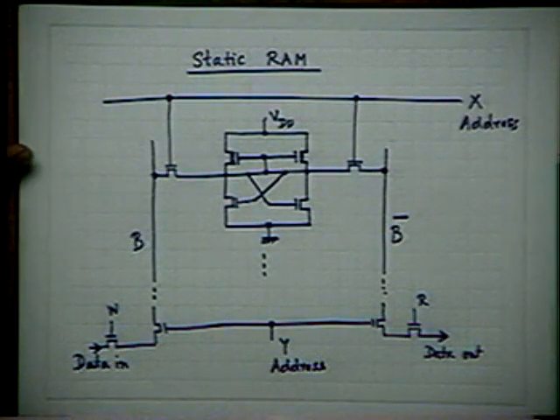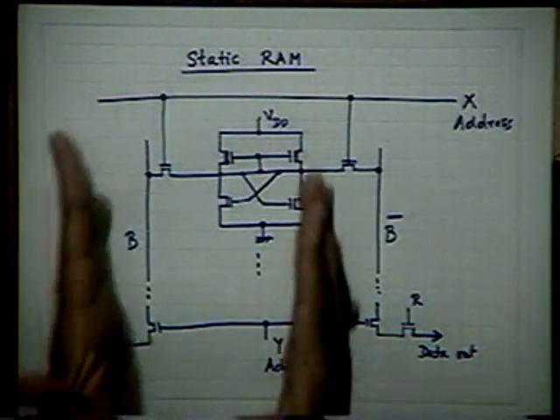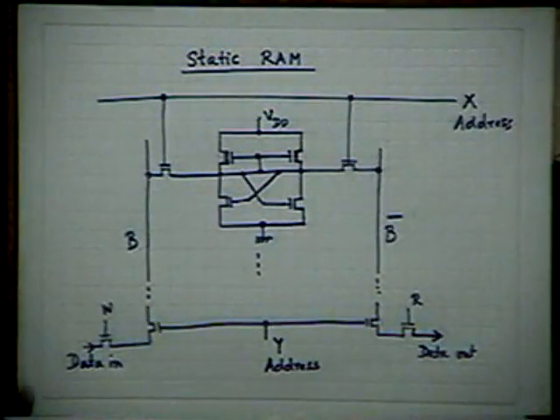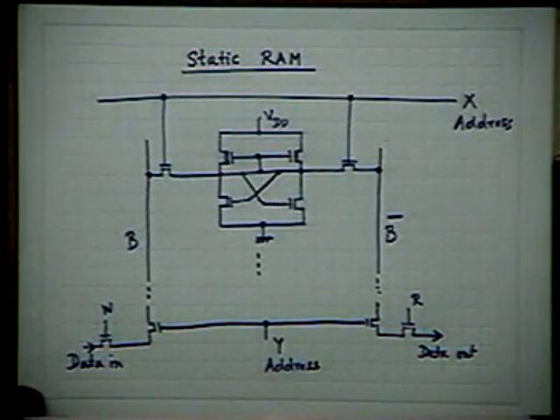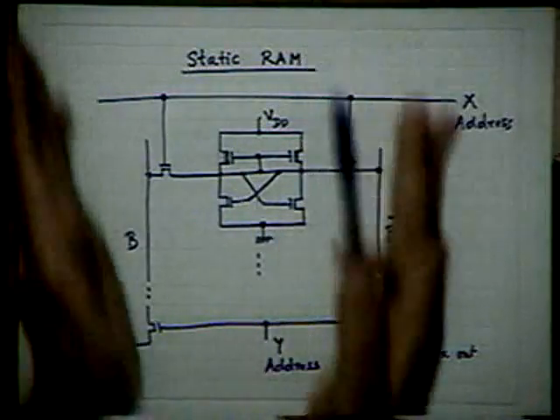Here you see what I have really done: this is a column. Please remember, this is one column of a RAM chip, one column of a static RAM chip, in which I have shown only one element. So of the entire column, I have shown only one element.